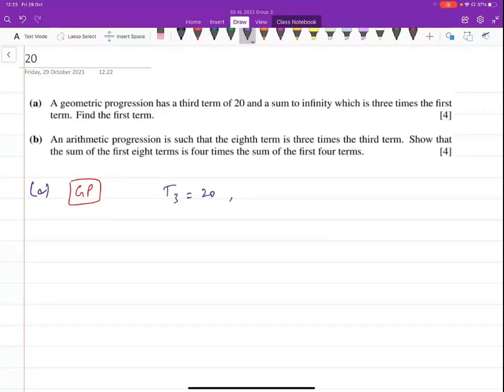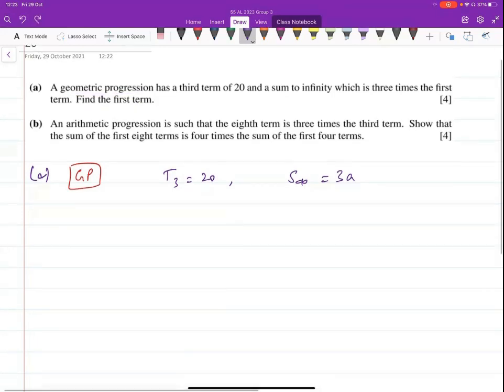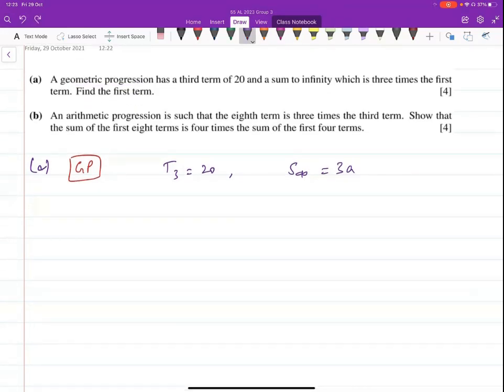The sum to infinity, S infinity, is 3 times the first term, so that's 3 times A. This is what we are given. We have to find the first term of this. First term यानी कि A find करना है. ठीक है?